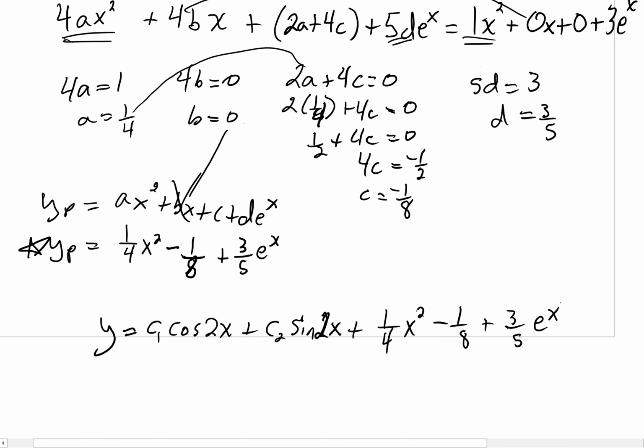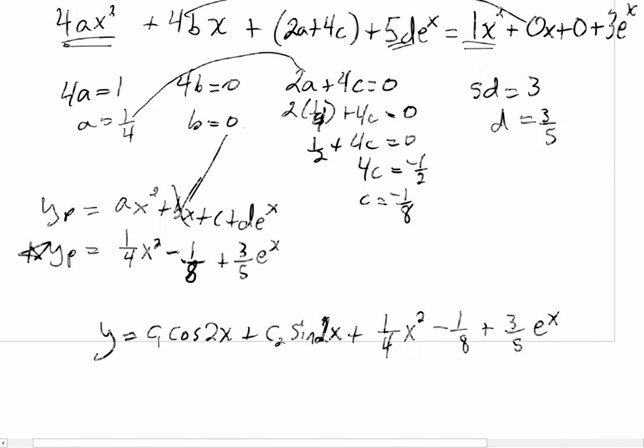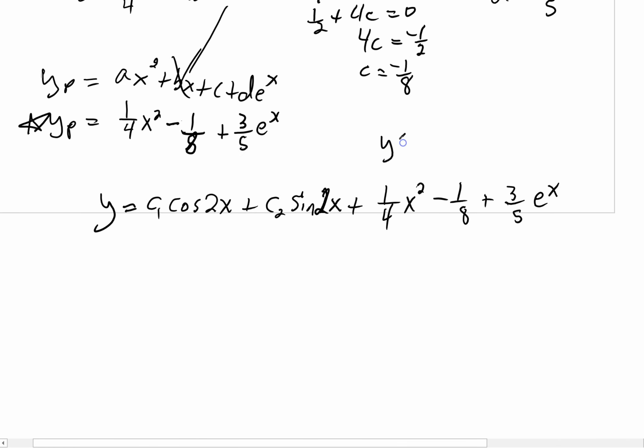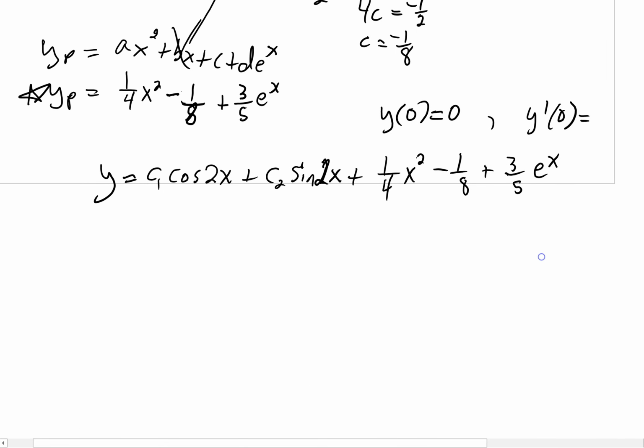But we had two initial conditions, guys. We had y of 0 equals 0. I'm going to recopy that. And we also had y prime of 0. You look at the top here, that equals 2. And the reason why they're giving this to you is so you may find what C1 and C2 are.